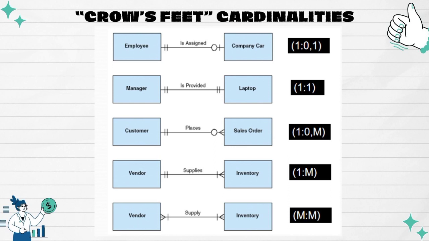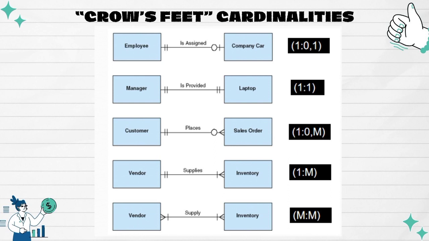This particular employee record is therefore associated with only one record in the company car entity. However, if the selected employee record is that of a non-salesperson, then the individual would be assigned no, or 0, cars. The employee record in this case is associated with 0 company car records. Thus, the minimum cardinality is 0 and the maximum cardinality is 1.